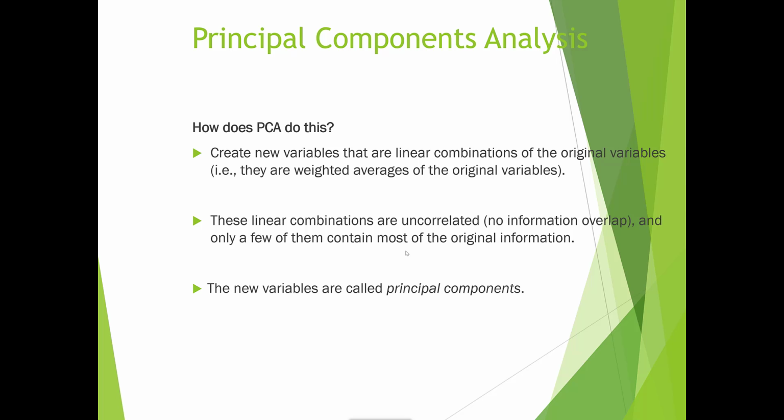These new variables are called principal components, each of which is a weighted average of all the other variables. And when you do that in a particular way, you capture the information within the first few principal components.